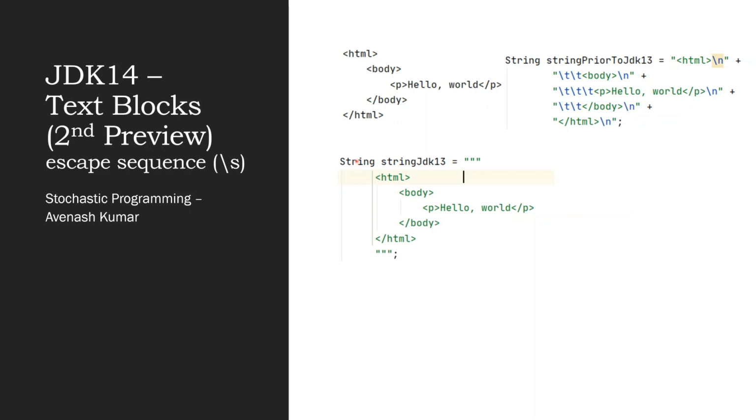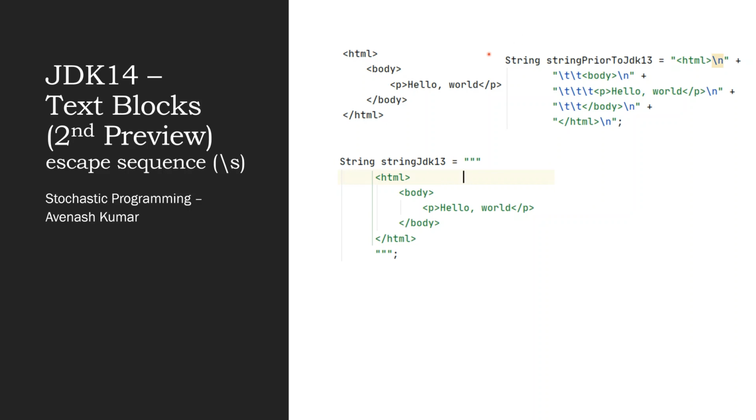Now you might be wondering why I have used JDK 13 here, since it's part of JDK 14. That's actually a good question. Originally this feature was released in JDK 13. However, improvements were suggested in JDK 13, and those improvements are part of JDK 14.